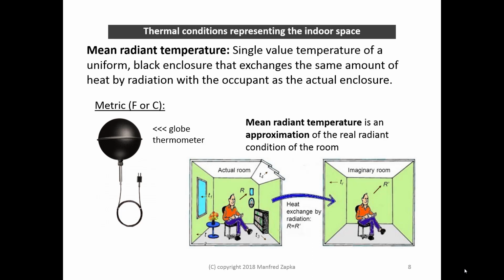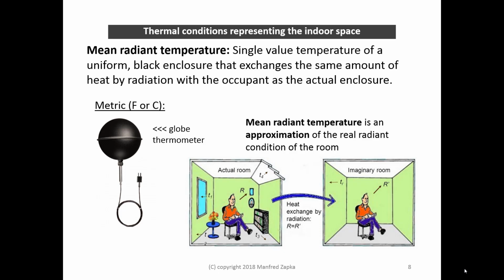As we see on the left side, the actual room, we have the person there, and the person experiences radiant heat transfer from all kinds of different components inside of that room. So to be correct, we would have to add everything up in terms of how big is the surface, what is the temperature of the surface, and add it all up, and it can be very cumbersome, and it takes a lot of time.